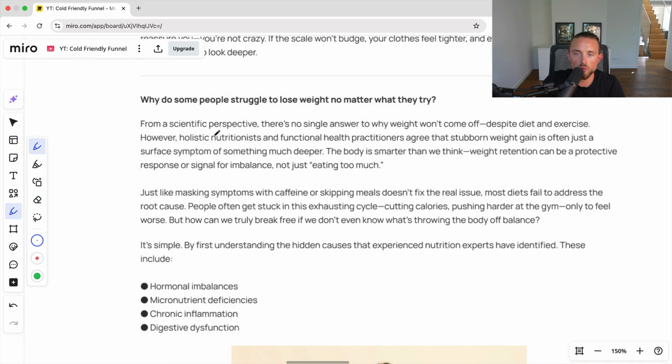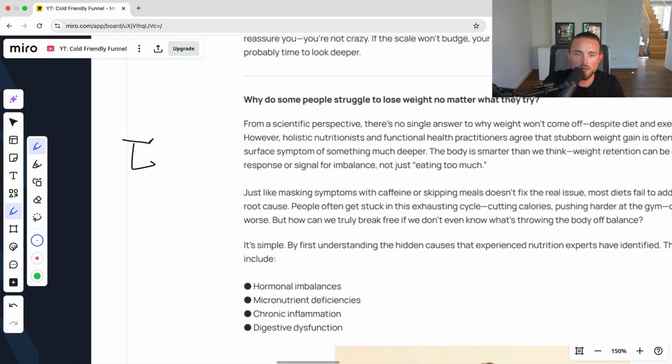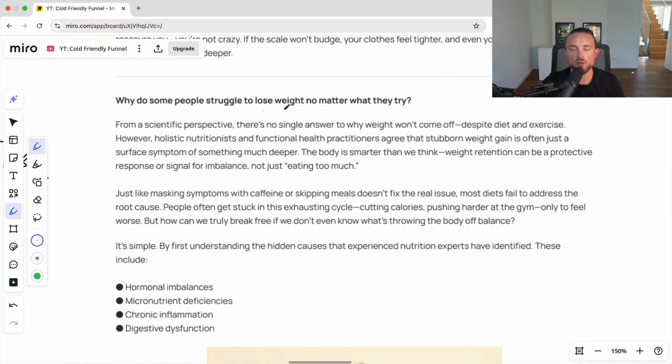Then the next thing that we want to do is we want to educate them, right? So education is here. "Why do some people struggle to lose weight no matter what they try?" And this is also a really nice one. "From a scientific perspective, there's no single answer to why weight won't come off despite diet and exercise. However, holistic nutritionists agree that stubborn weight gain is often just a surface symptom of something much deeper."